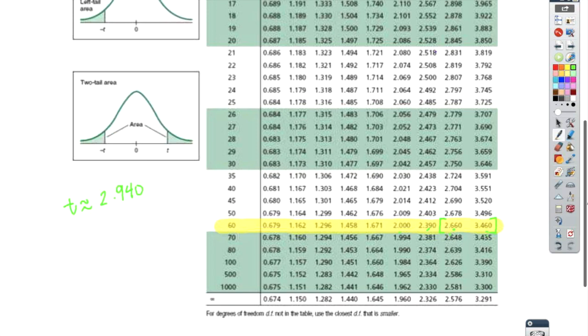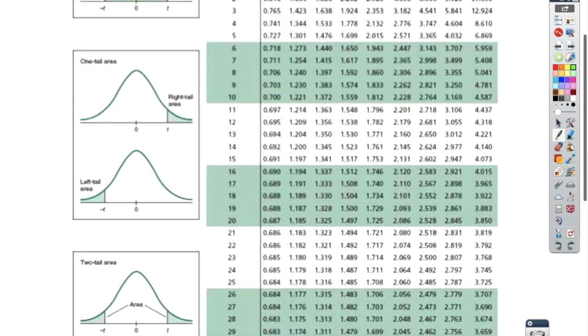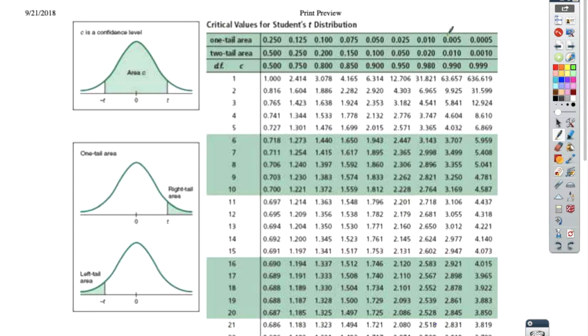Okay, so once I have those last 2, really all that does for me is just tell me which columns to use. So now I'm going to walk up to the top of the table, and I'm going to be looking at one of these 2 area rows. So one tail area is for a right-tailed or left-tailed test, and 2-tailed area is for not equal to.